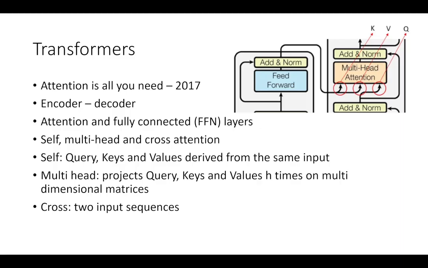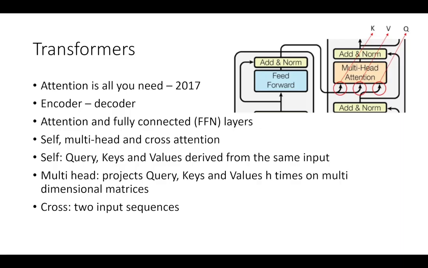So an interesting part or innovation of the transformer is it has something called an attention layer. Okay. So it's based on encoders and decoders, right? That is one fundamental concept of transformers. It has a combination of attention and fully connected, or FFN, layers, right? That's what you put together in here.